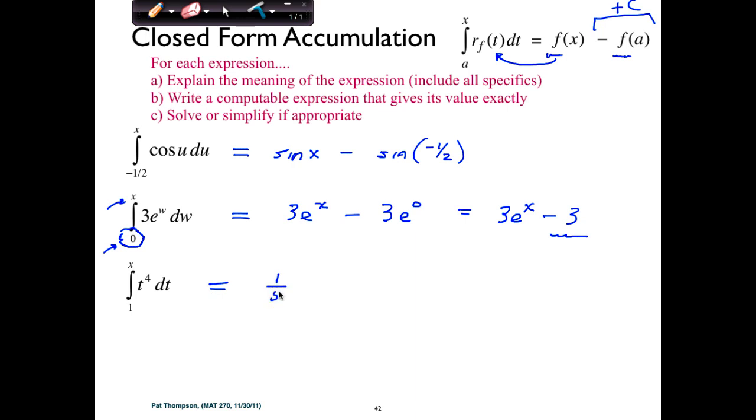One over 5, x to the fifth. And so why this 1 over 5 x to the fifth? Remember, we're thinking about what function, if I took the derivative of it, would I get x to the fourth, right? So why do we need the 1/5 x to the fifth?